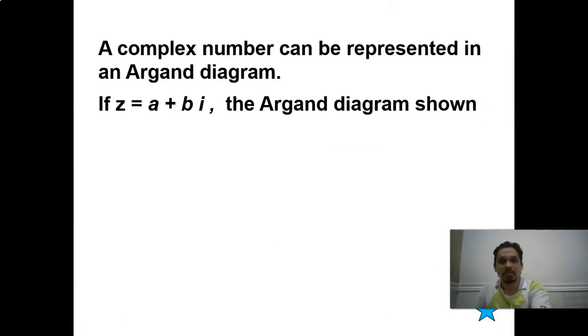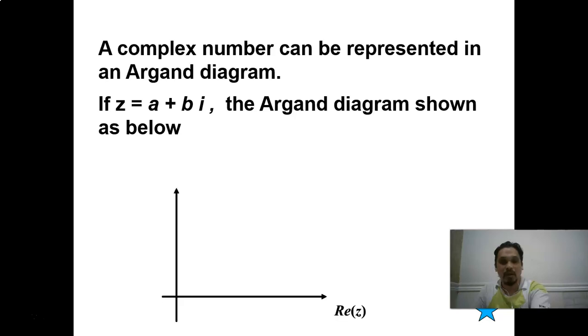Complex number can be represented in an Argand diagram. If z equal to a plus bi, the Argand diagram is shown as below. Most of the time we put these as x and also y.